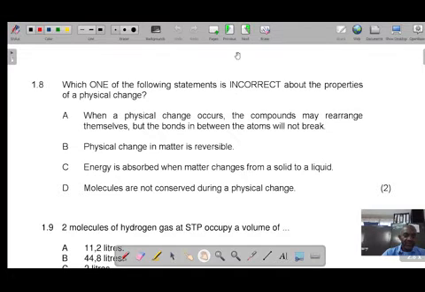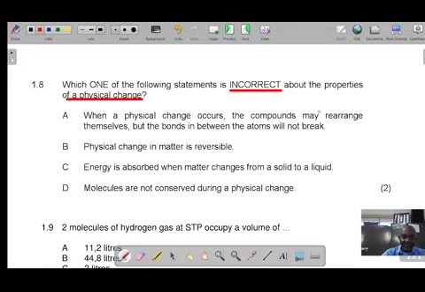Which one of the following statements is incorrect about the properties of a physical change? So they're saying incorrect. Don't forget your English. When we say incorrect, we mean it's not correct, right? All together. So about what? About the physical change. So let's check it out. When a physical change occurs, the compounds may rearrange themselves, but the bonds between the atoms will not break. That is correct, right?